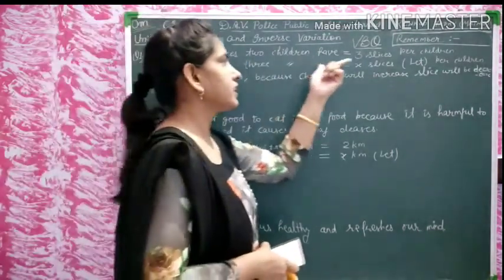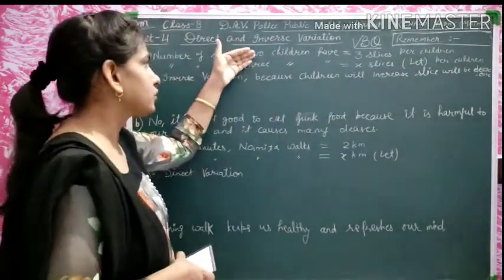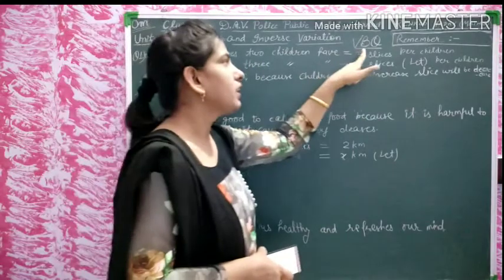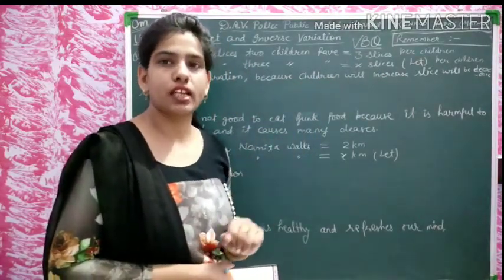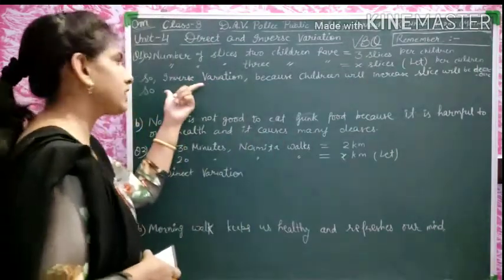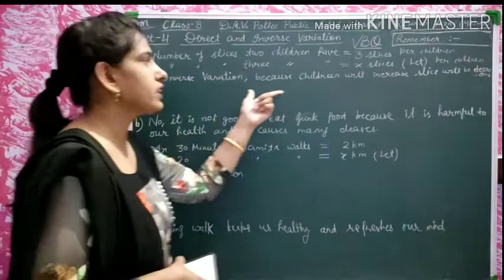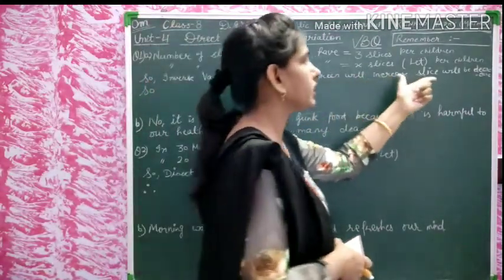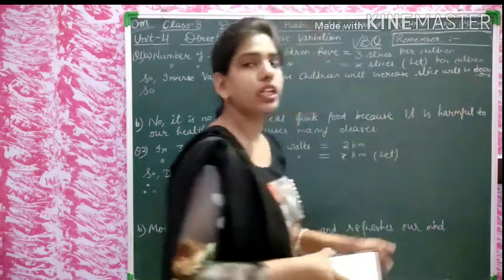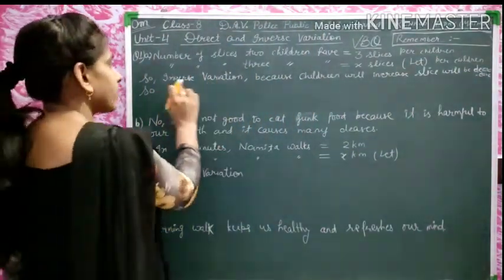The children are increasing from 2 to 3, but the slices are decreasing. So there is an inverse variation, because as children increase, slices decrease. Is it clear?